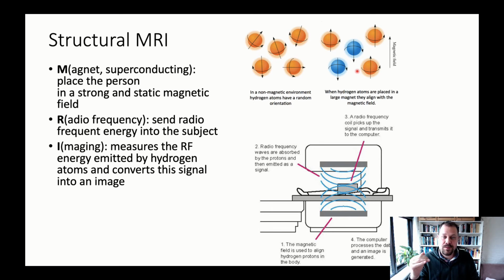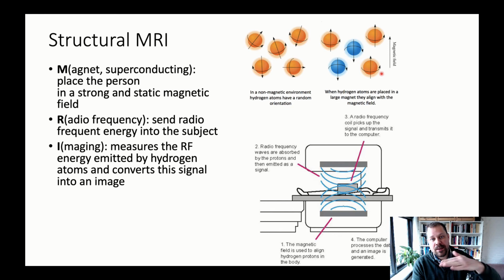If you have a specific frequency, this will throw them off their magnetization with the magnetic field and flip them by about 90 degrees. So they're no longer spinning in this direction. They're now spinning perpendicular to the magnetic field. But they're carrying all this energy from the radio frequency pulse. So as soon as you turn off the radio frequency pulse, they will actually want to go back and realign with the magnetic field to go back to where they were before.